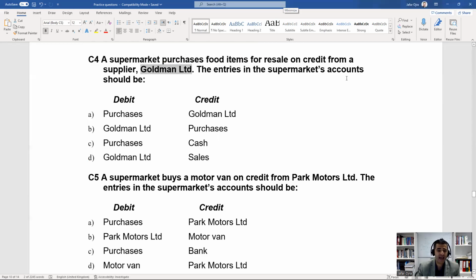Why? Because the business hasn't paid the money to the creditor yet, so they have to pay. That's why liability goes up on the credit side. So the answer is A.